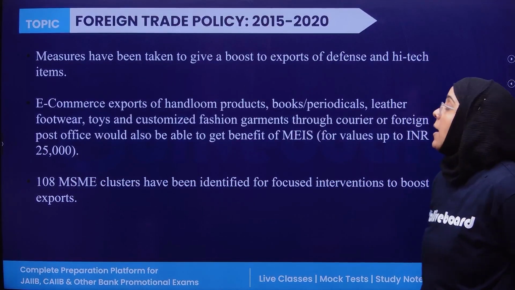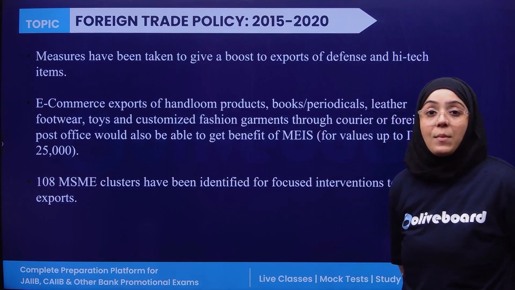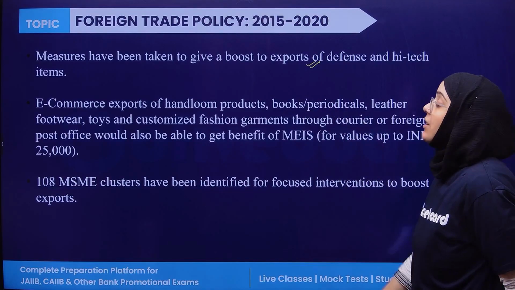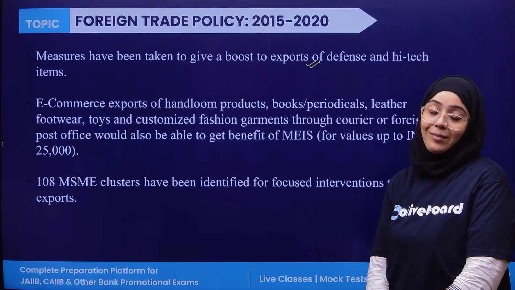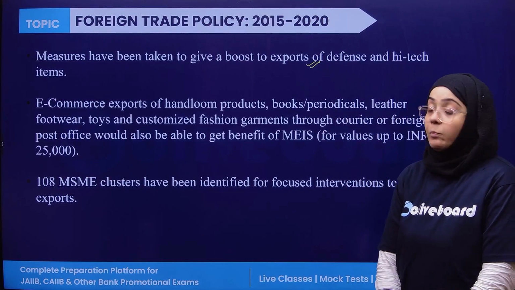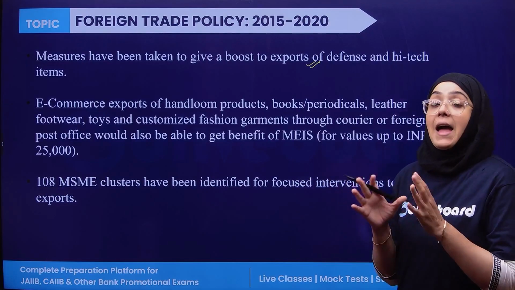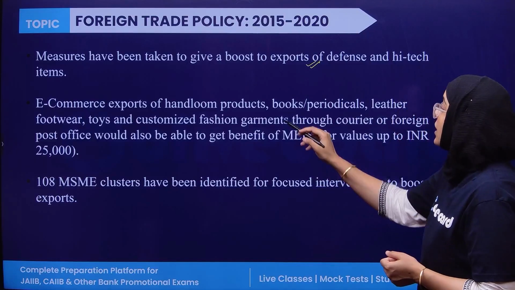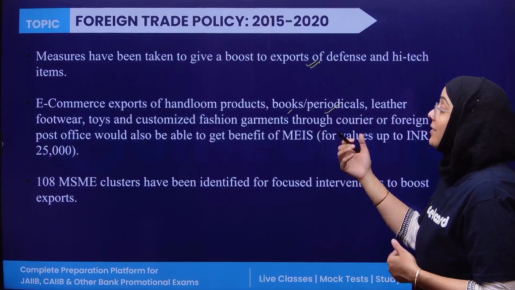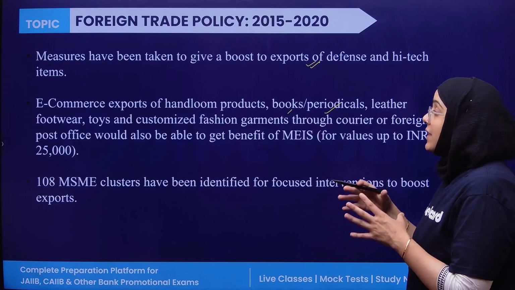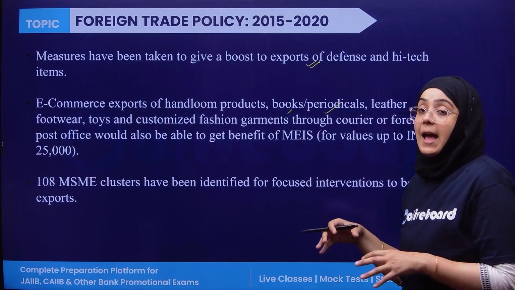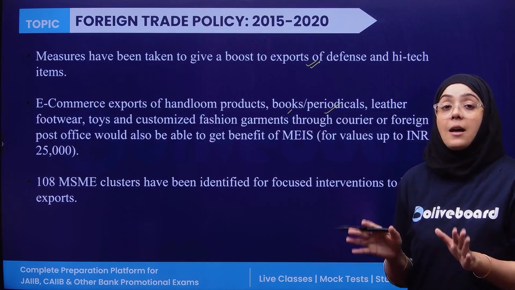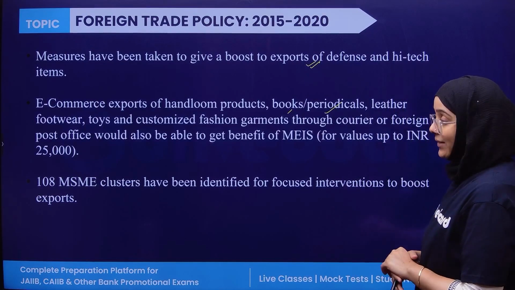Now, there have been different measures taken, especially for boosting the export of defense and high-tech defense products, right? Whereas e-commerce of handloom products, because you know that India has a very good market of handloom products, books, footwear, toys, customized products, these were included, and different benefits have been given under the merchandise export incentive scheme.